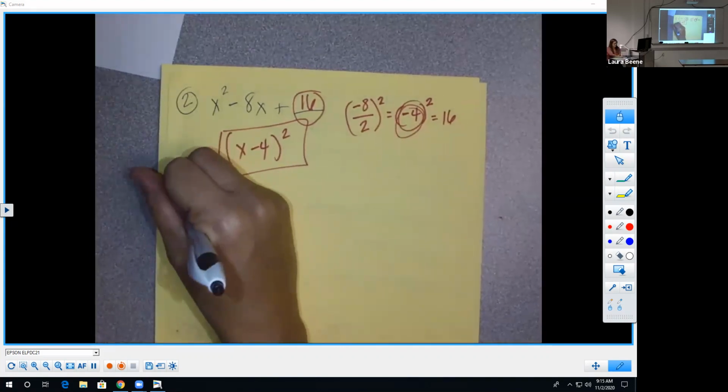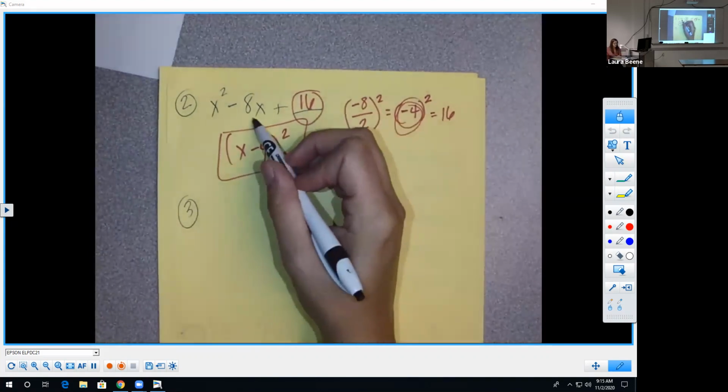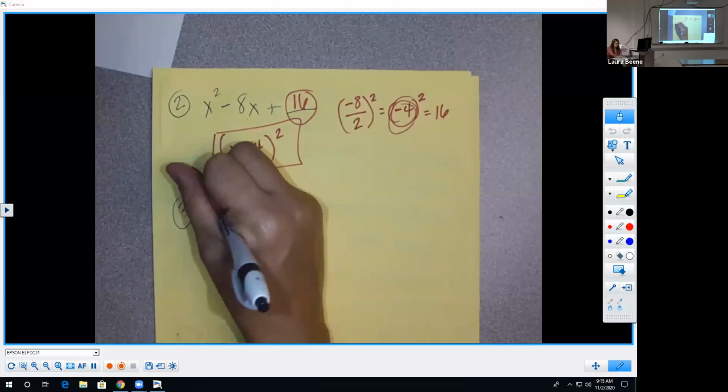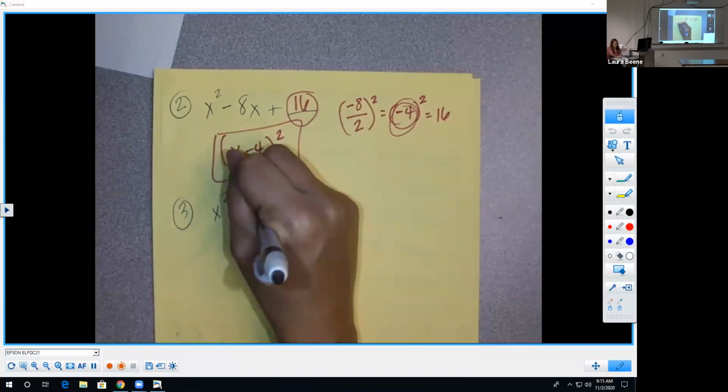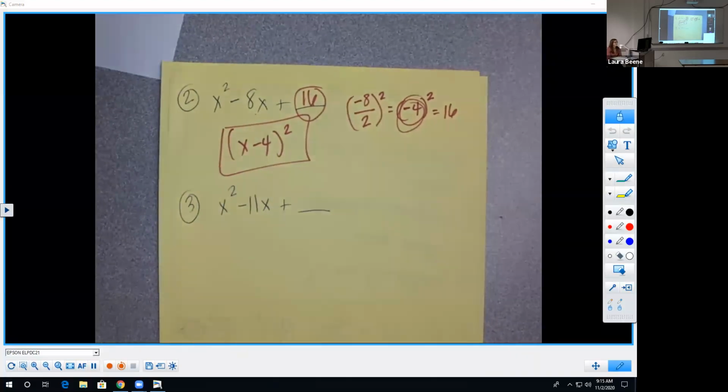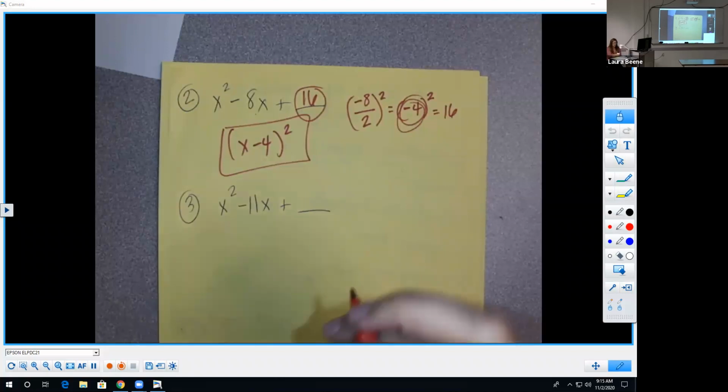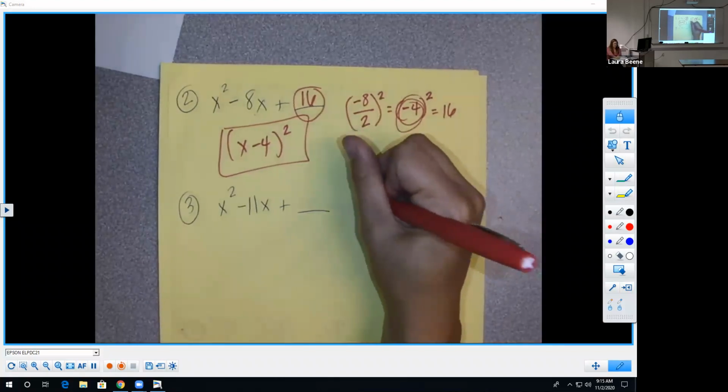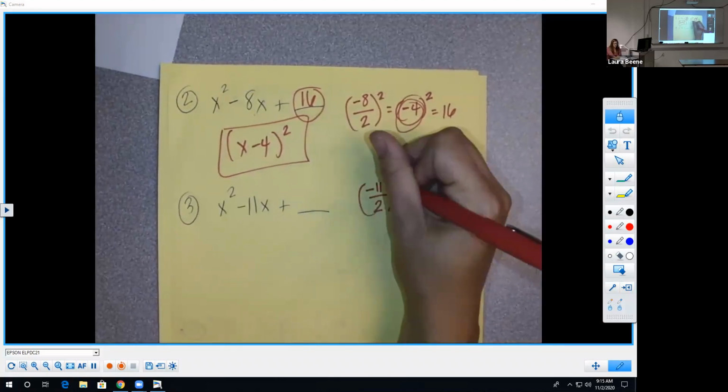One more. This time let's do an odd number so that it's a fraction when we work it out. If we had x squared minus 11x plus blank. Same thing, we're going to do b, which is negative 11, divided by 2 squared.